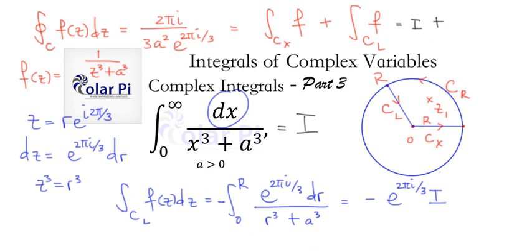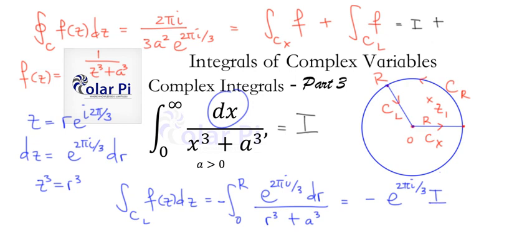All right, cool. So we've got now, in summary, that the CX plus CL integrals of f, which equal the integral over the closed contour, which in turn equals this, are going to equal I, which is what the integral over CX equals. Or the integral over CX equals I plus, we just found the integral over CL, which is actually not plus, minus.